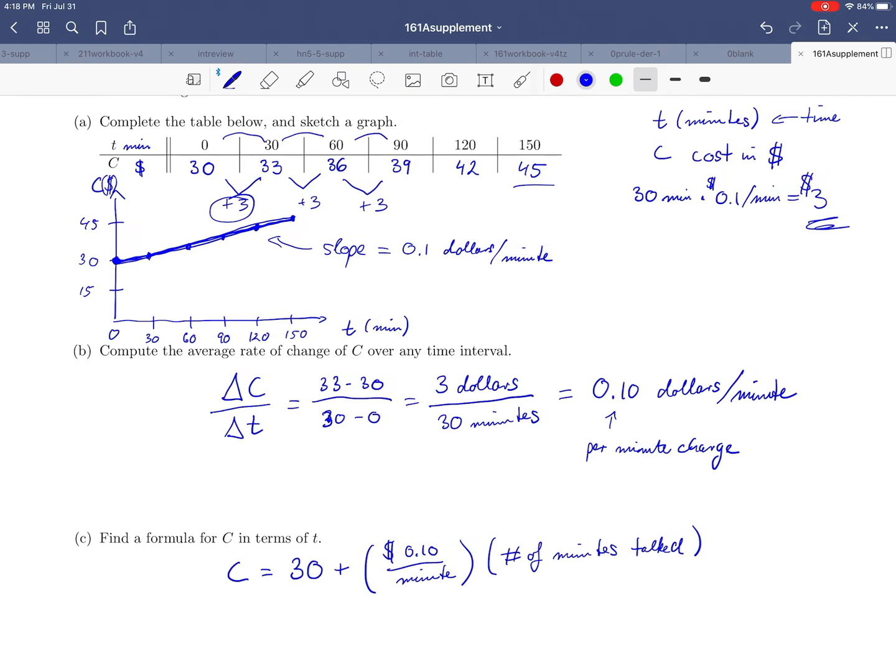But we have a variable for that, which we call t. So our formula is 30 plus 0.10t. And that is our answer. This is our formula for our linear function.